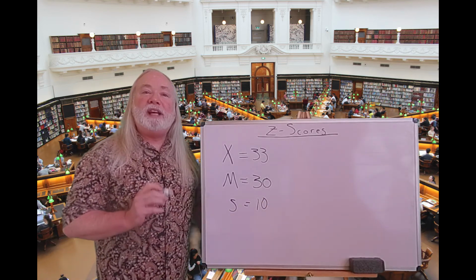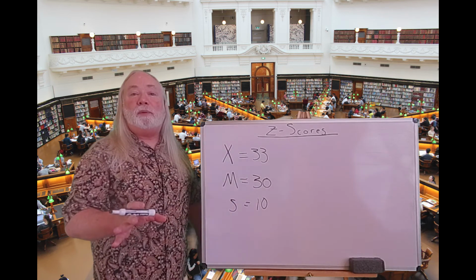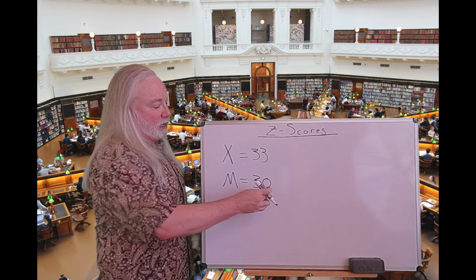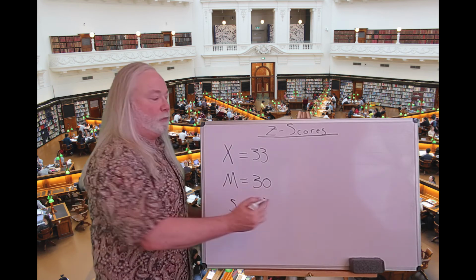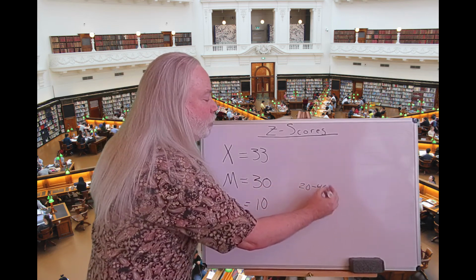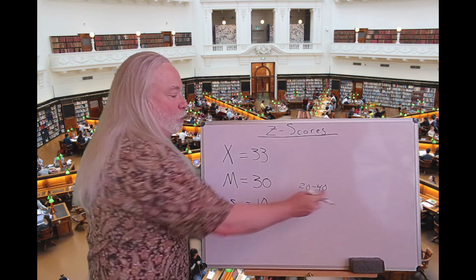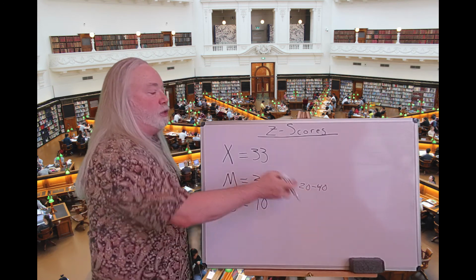So let's say we knew the standard deviation was 10 points. Well, if the standard deviation is 10 points, then we know that about 70% of the scores are going to be 10 points below this 30, down to 20, and 10 points above this 30, up to 40. So we would know that about 70% of all the data would be in this range, and a 33 is right there.